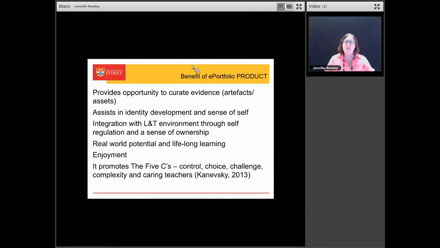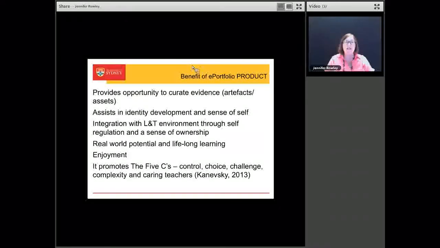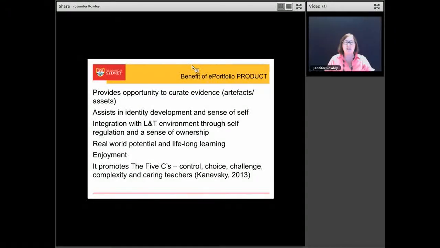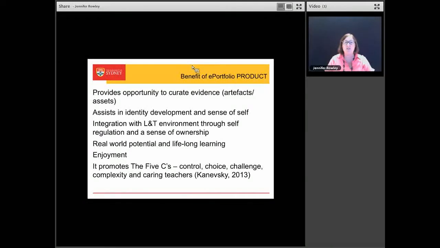I do believe that the product does assist in identity development and a sense of self. As students contribute more to the actual portfolio product, they edit, they re-edit, they curate, they throw out, they analyse, they evaluate, they create, in a sense, their own way of judging what's valuable and what actually belongs in the portfolio as something that they might use for a range of different users.